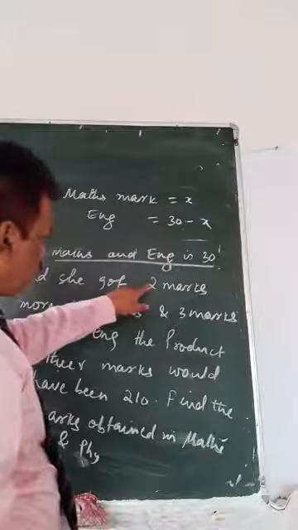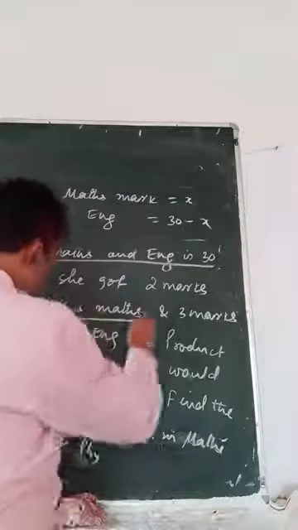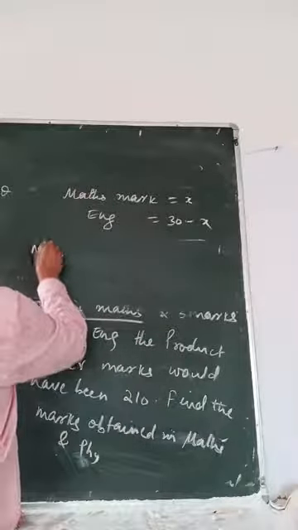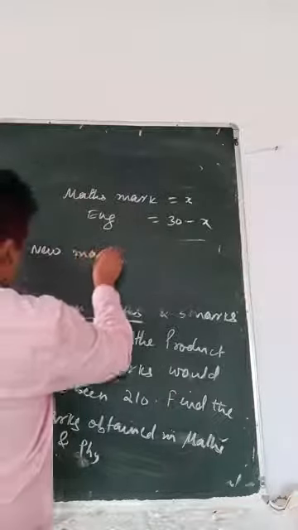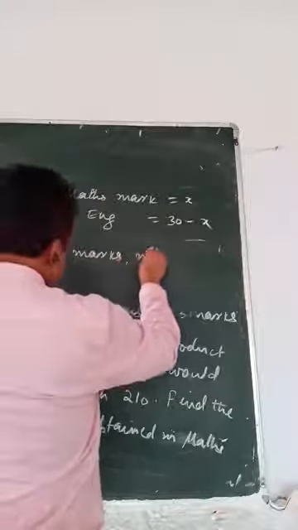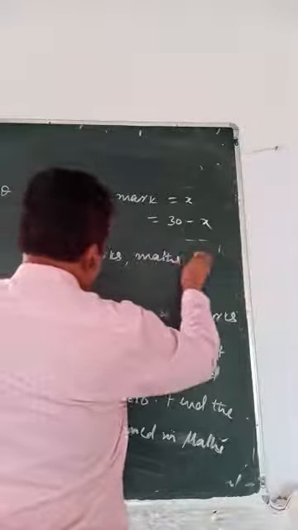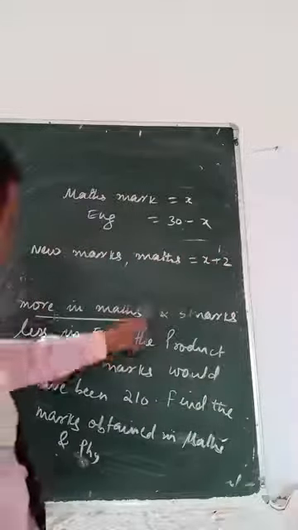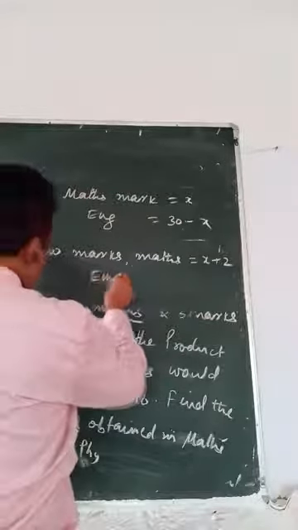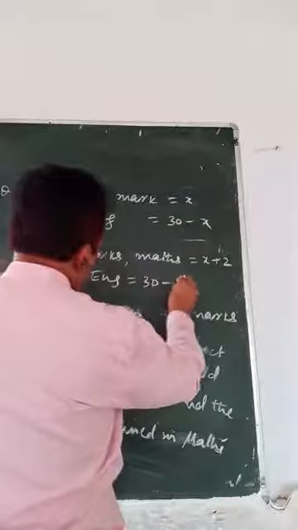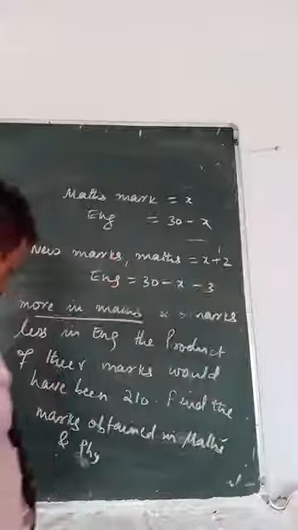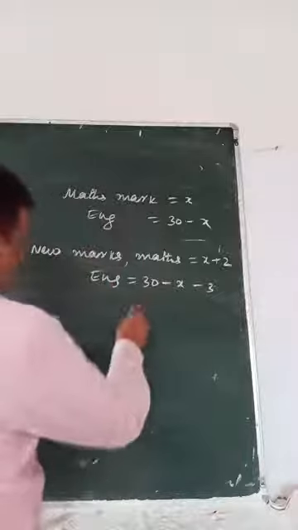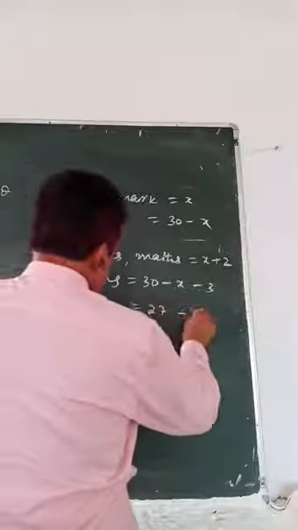Hetzi got 2 marks more in maths, means new marks in maths will be x plus 2. 3 marks less in English, English will be 30 minus x minus 3. So that will be how much? That will be 27 minus x.